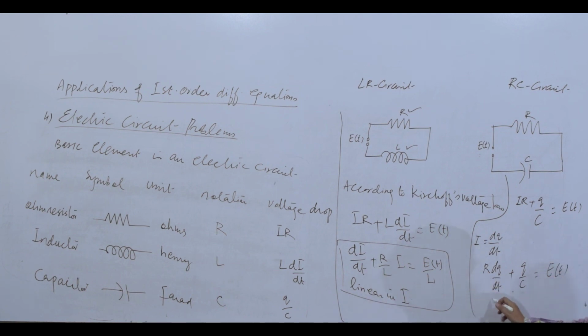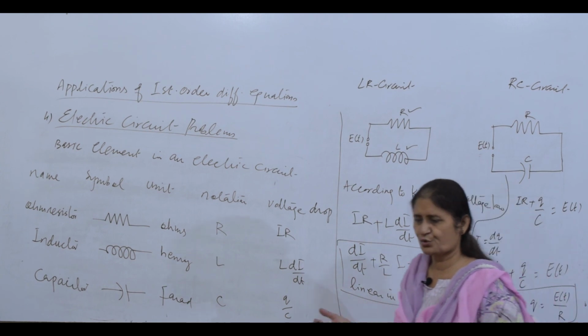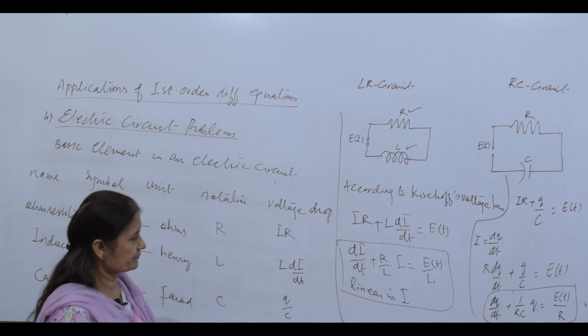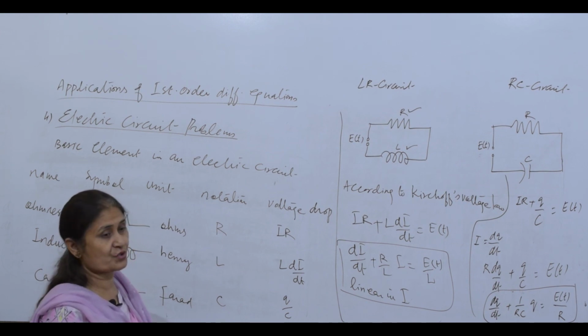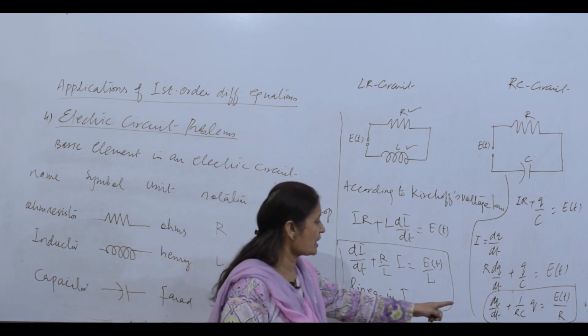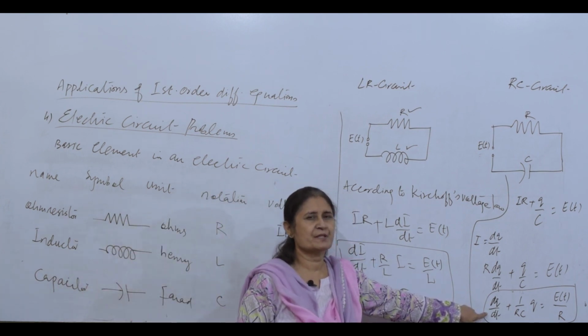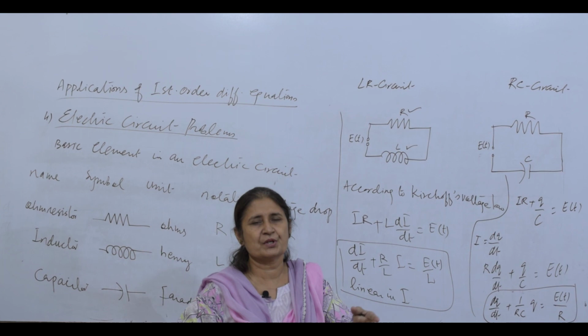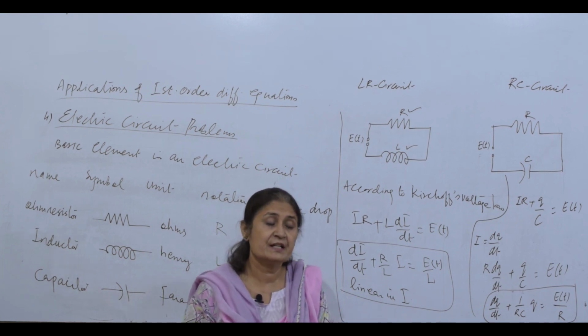Dividing by R, dq by dt plus 1 over RC q is equal to E(t) by R. This is linear in Q, where R is constant, the electromotive force is a function of time, and resistance and capacitance are constant. So you are solving for the charge on the capacitor. If I ask for the current, you differentiate the time-dependent expression for Q once and you get the current in the circuit.